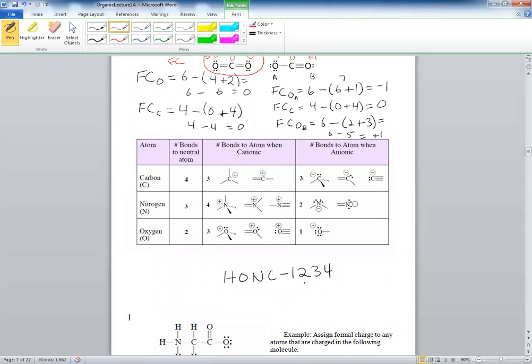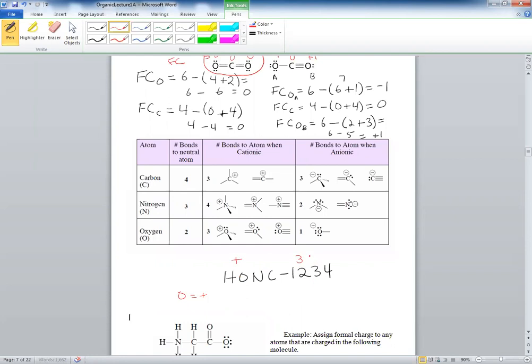For oxygen, anytime you have more bonds than this number, so in this case, if you have 3 bonds, then it will be positive. Okay, so I'm going to write somewhere here on the side. Here, positive.